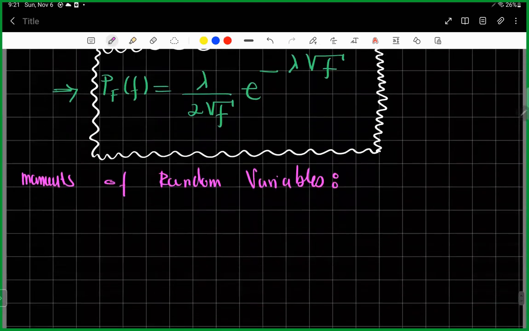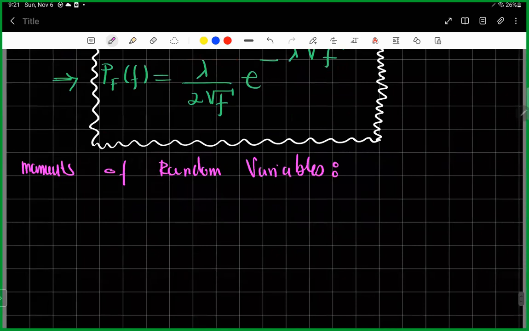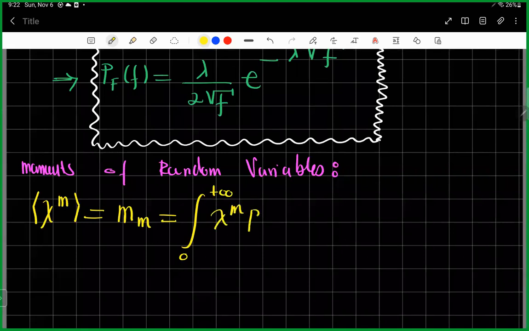The moments of random variables are important because we can relate them to observables in statistical mechanics. So the moment of order m, we write it as M sub m, and this is the integral from 0 to plus infinity, well, it depends on the range of the random variable, really, of x^m p of x dx.